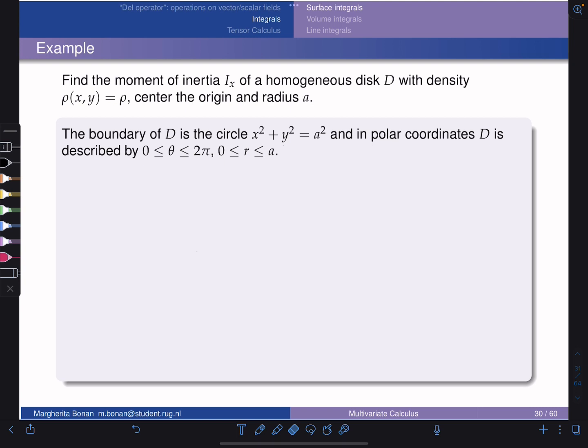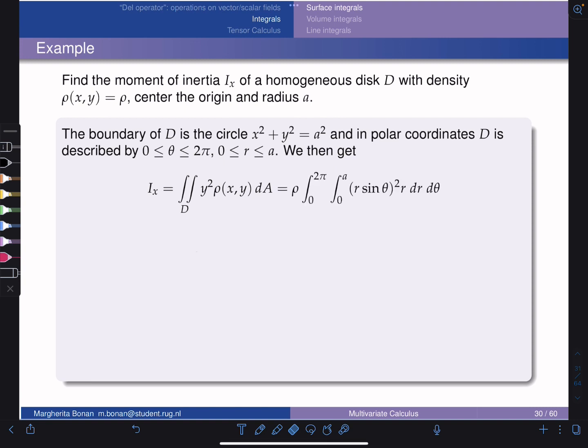Then, using the formula we saw, the moment of inertia is given by this integral, that in this case, since rho is just a constant, is rho multiplied by the integral from 0 to 2 pi, and then the integral from 0 to a of r sine theta squared r dr d theta. In this case, this was y, and rho has been taken out.